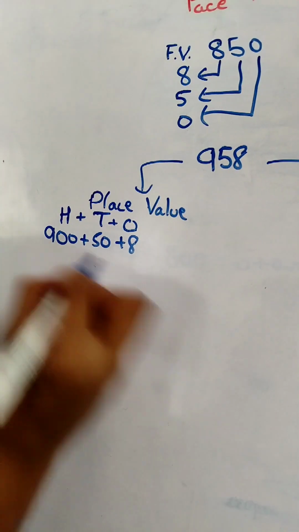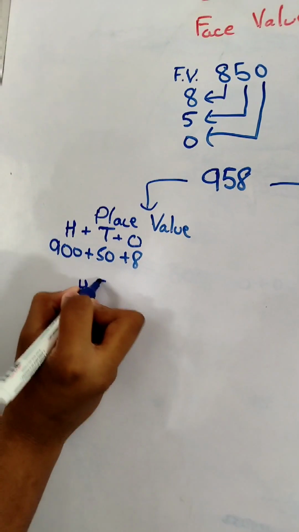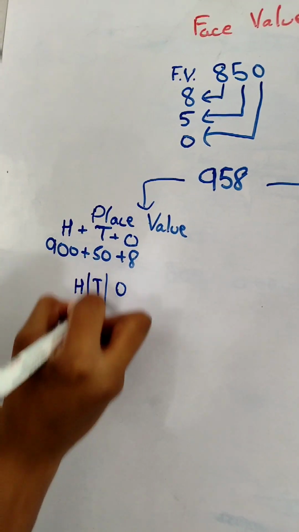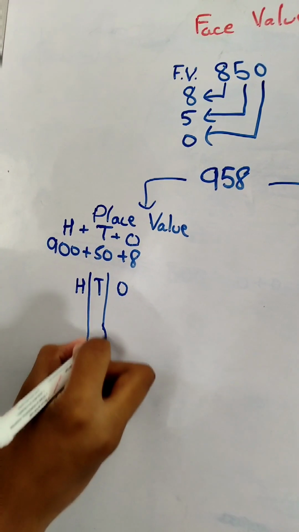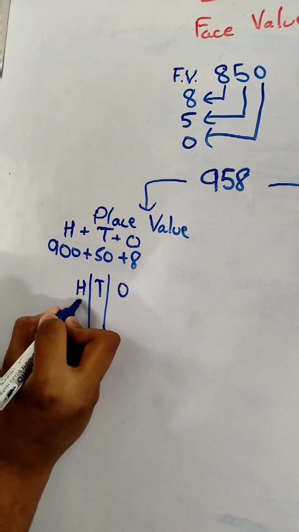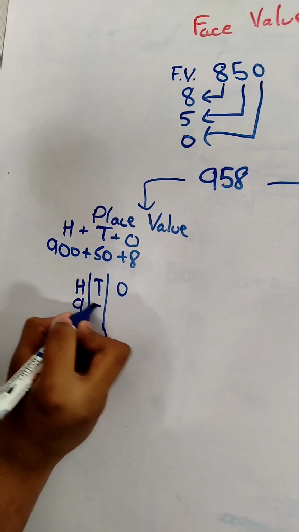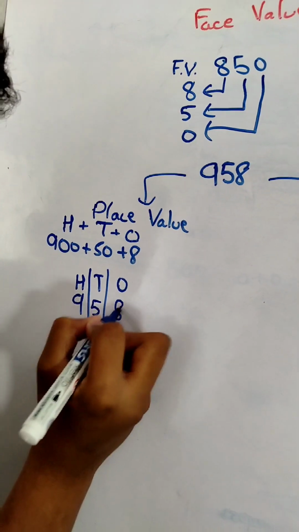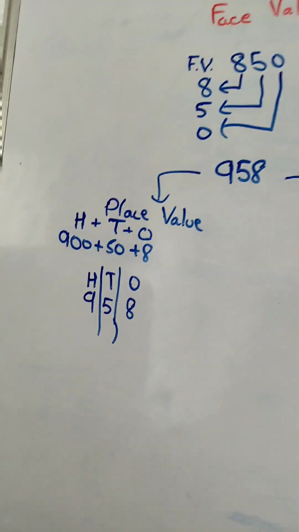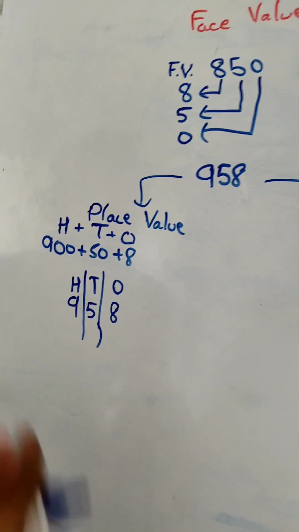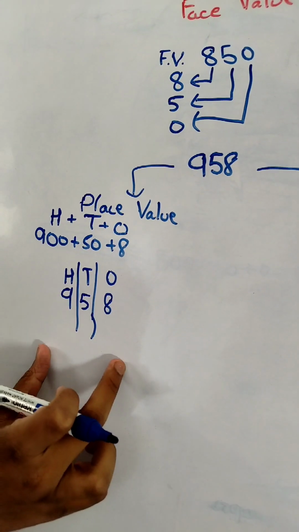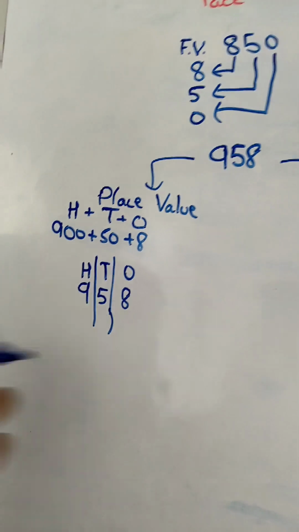You can also write this in the HTO form by dividing the columns: 9 hundreds, 5 tens, and 8 ones, which would be 8 itself. So you can use this tabular form.